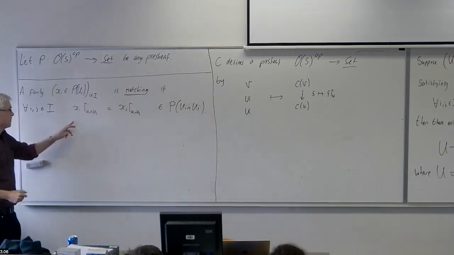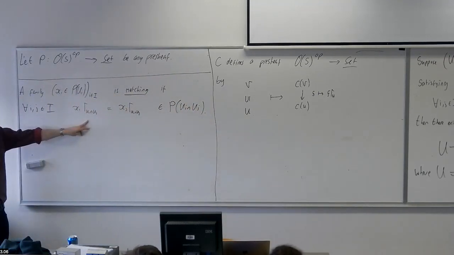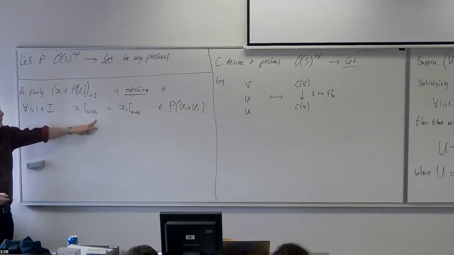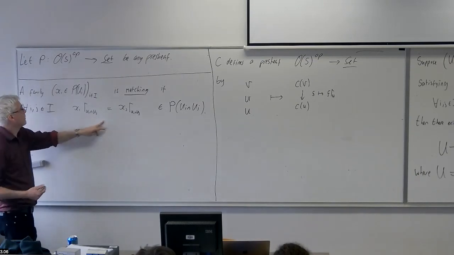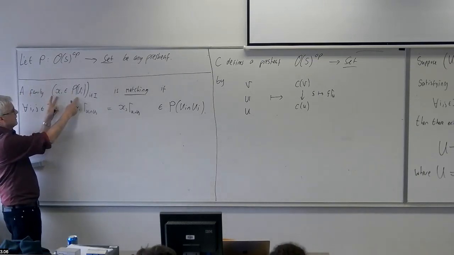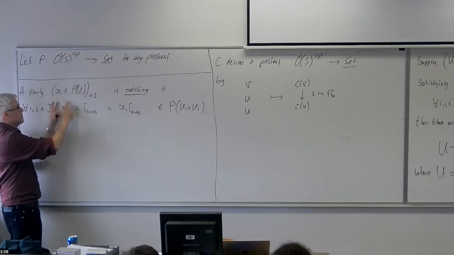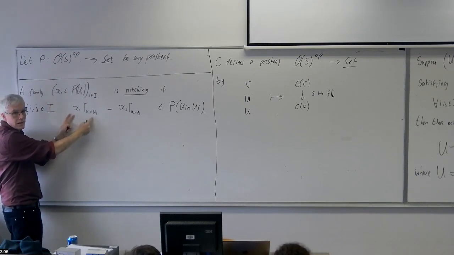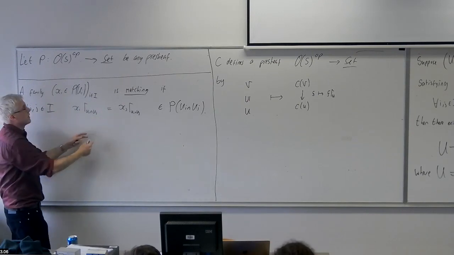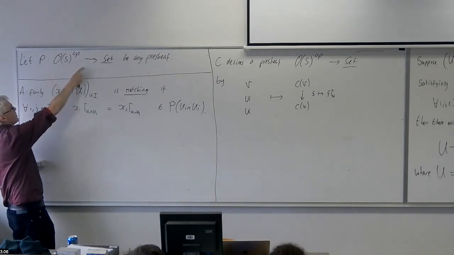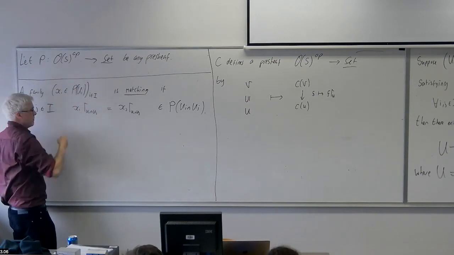Now, what do I mean by restriction here? Because we're no longer talking about functions. Each xi is an element of the pre-sheaf over Ui, and I want to make sense of restricting that to an element of the pre-sheaf over a smaller subset than Ui. This is, of course, defined using the morphism action of this pre-sheaf functor.